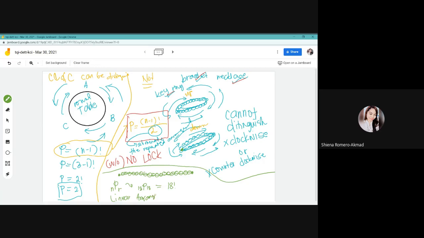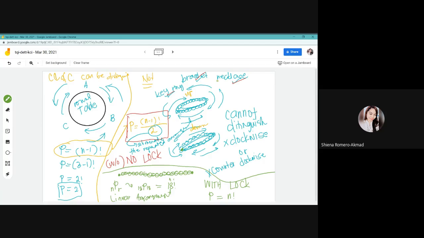Bumalik tayo dun sa formula natin kanina. But the difference here is magiging n factorial na lang siya. So kapag with lock, anong formula na gagamitin? All you have to do is to get n factorial.